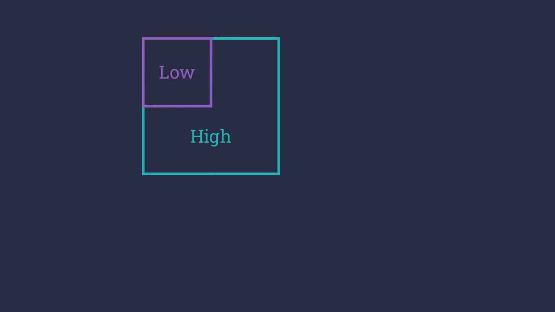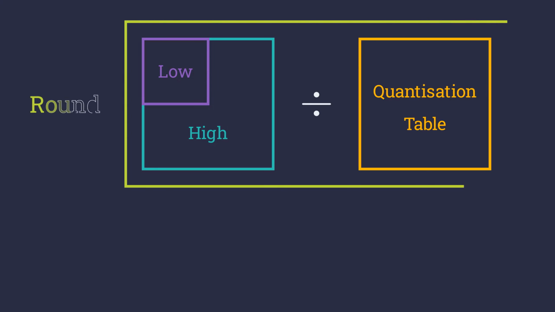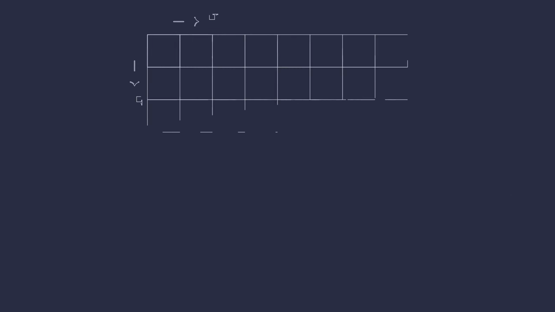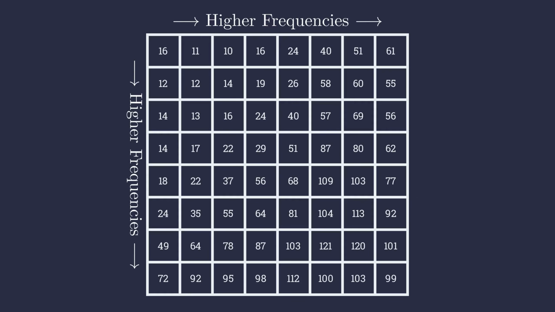towards the bottom right. What quantization does is that it divides the whole matrix by a quantization table and then rounds it off. The quantization table contains bigger values towards the bottom right and smaller values at the top left. In other words, quantization almost completely removes the dressings and fondants.